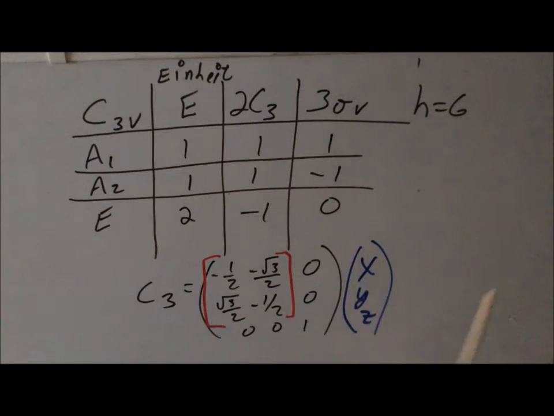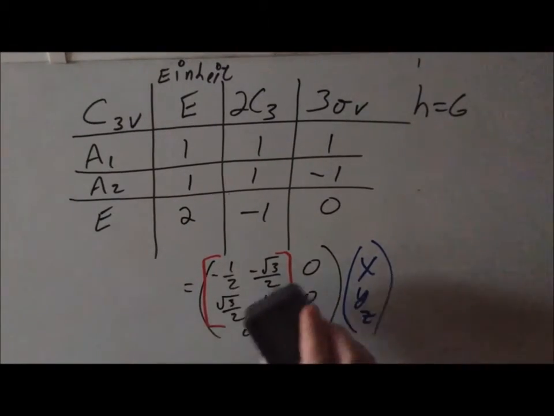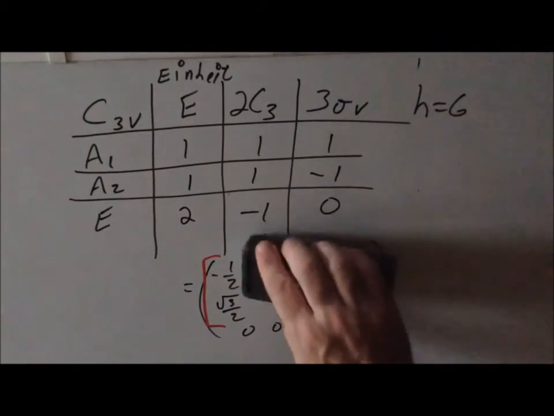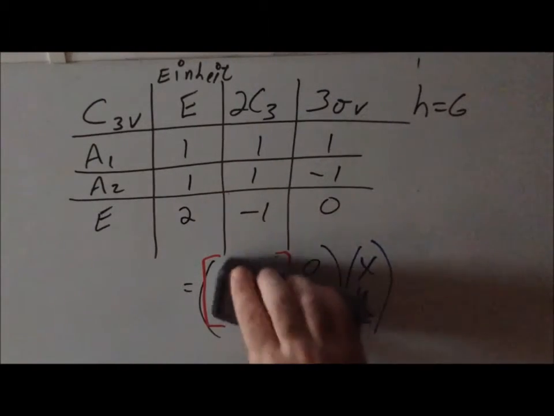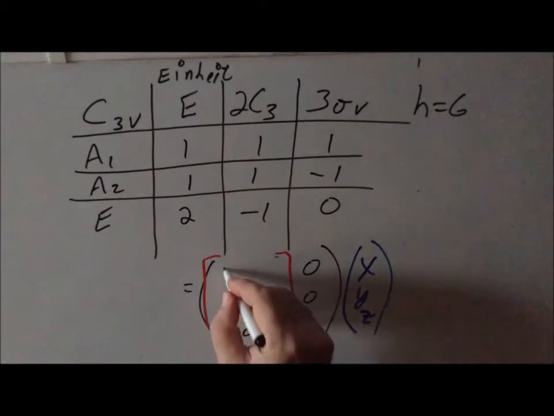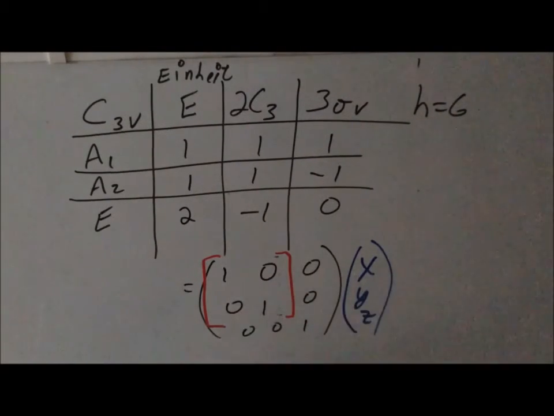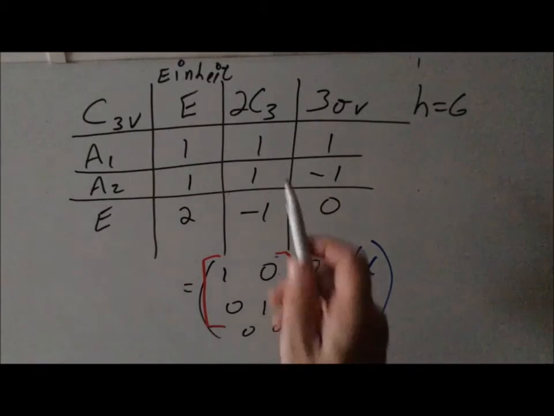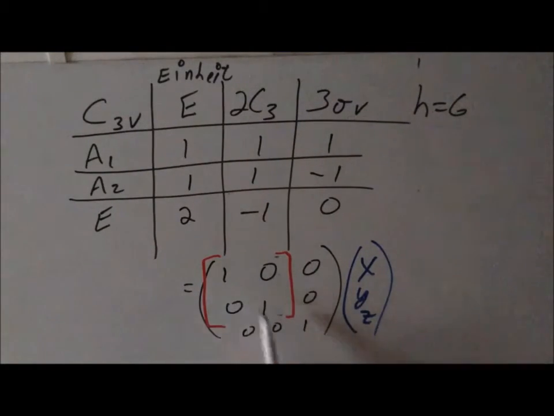So when I look at the E matrix in this particular case, if I break the E matrix down to a 2 by 2, which I have to because I had to do that for C3, now I'm interested in the character. And the character for this particular 2 by 2 matrix that acts on x and y is going to be 2.